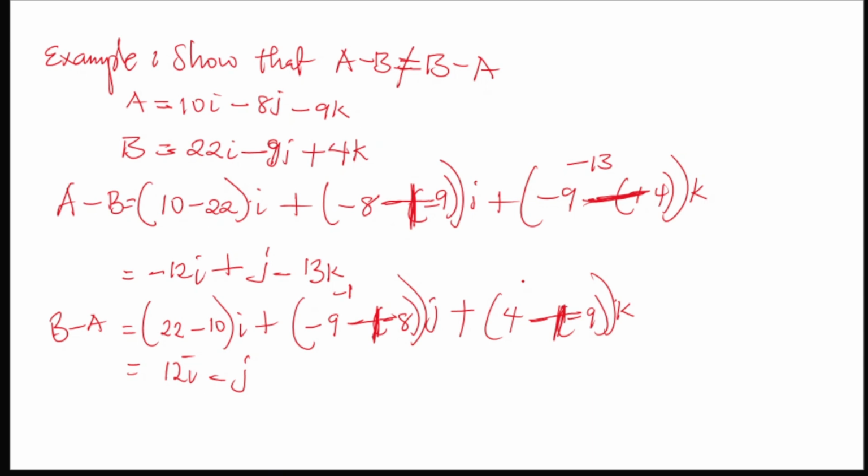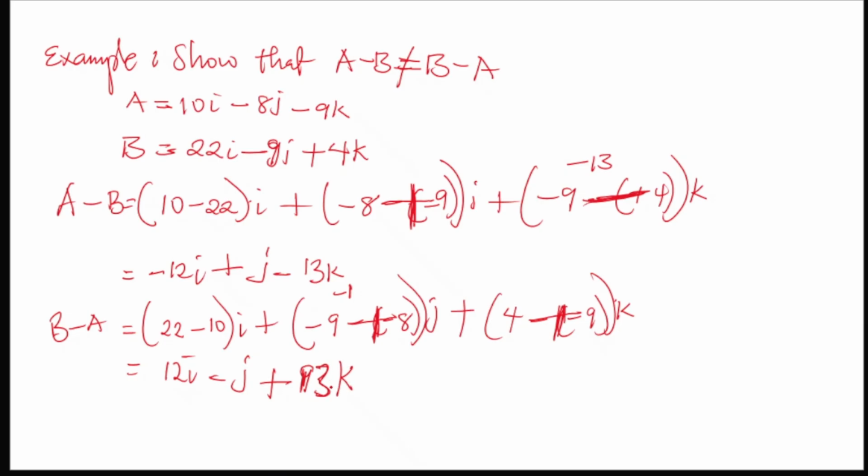Am I correct? So you have plus sign here. Plus multiplying plus is plus. So this is plus 13, and that is having a unit vector k.